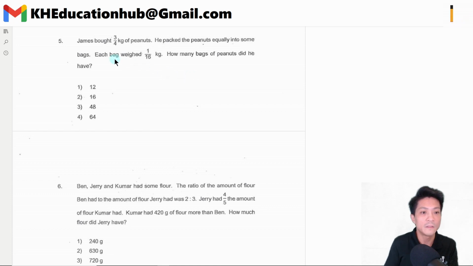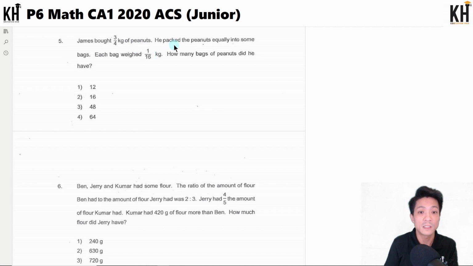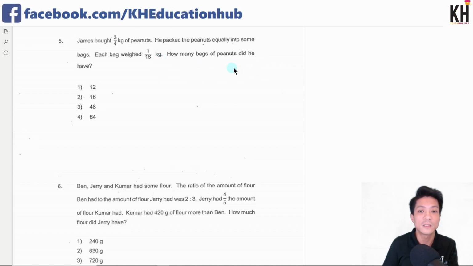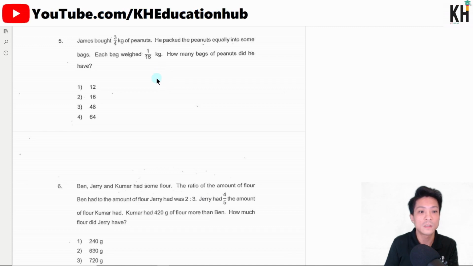Okay, question 5. James bought 3/4 kg of peanuts. He packed the peanuts equally into some bags. Each bag weighs 1/16 kg. How many bags of peanuts did he have? In this case, you have to use 3/4 divided by 1/16.